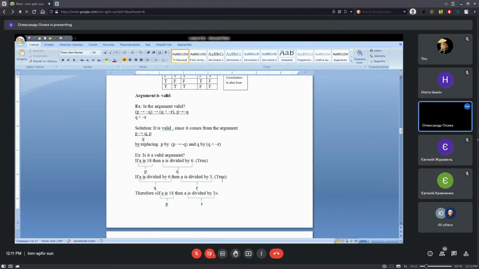Also true from school. Therefore, if A is 18, then number A is divided by 3.